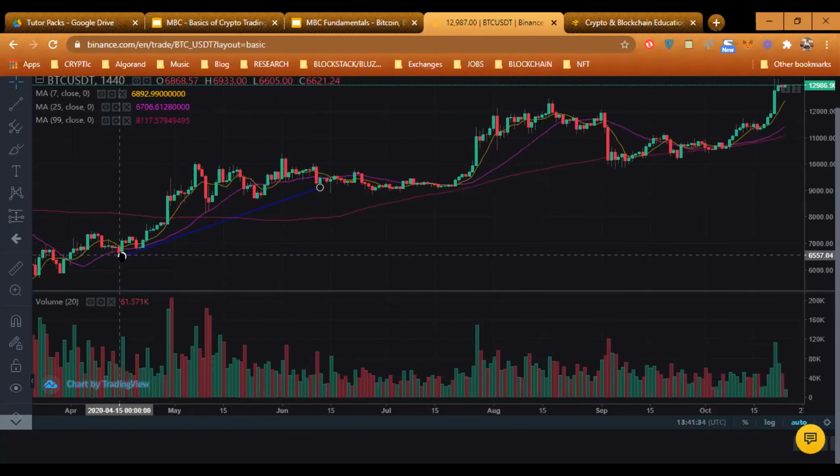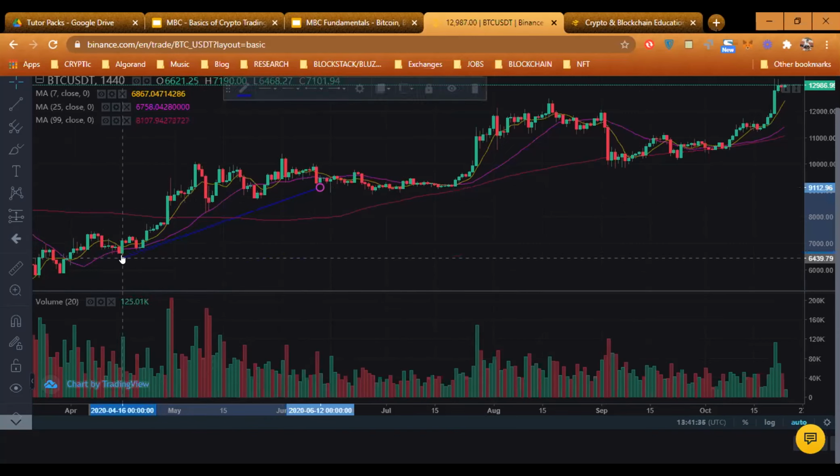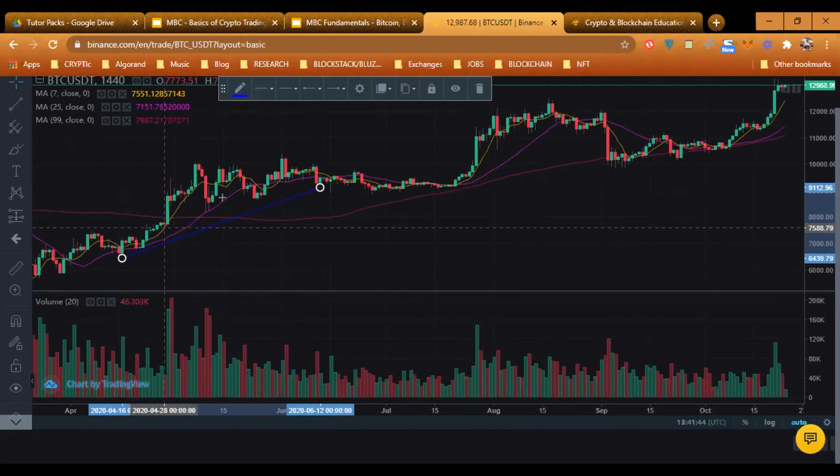This is where I drew it from, 6,400 and something dollars. So it just kept going up. If I had started trading before now, and wanted to place a trade later on, I would know that if Bitcoin drops to 6,000, it will be a good time to buy because it's most likely going to increase again.